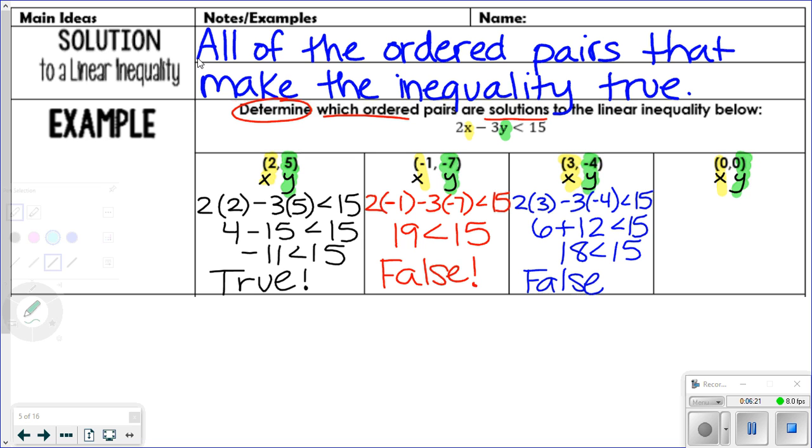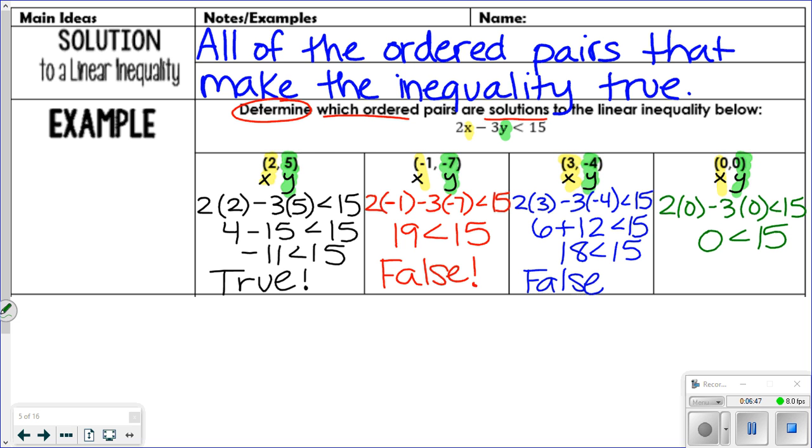Go ahead and try 0, 0. Take out the x and y and replace them or substitute them with 0. Anything times 0 is just 0. So this becomes 0 minus 0.